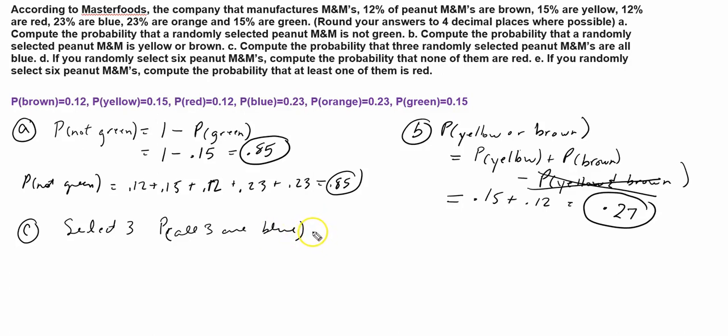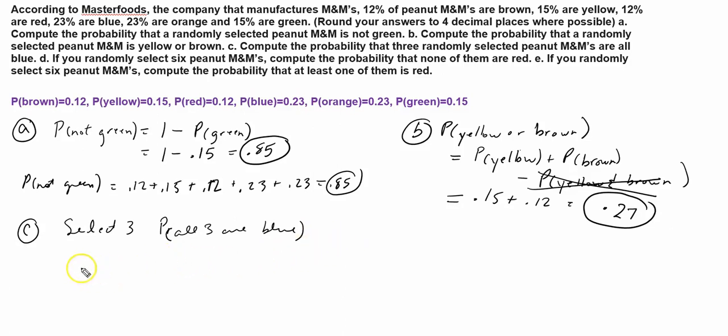Well, you have not been told that you have a bag of 100 M&Ms or 500 M&Ms. You haven't been told that at all. And so what they're asking you is if you pick 3 out of the entire population. Now, the entire population is millions and millions. And so with replacement or without replacement, if you're picking 3 of them, does not matter. So if you're not told that you have a bag with a specific number in there, then you use without replacement.